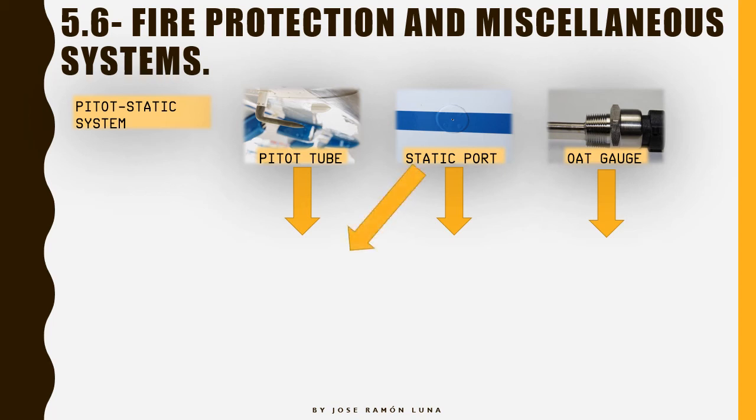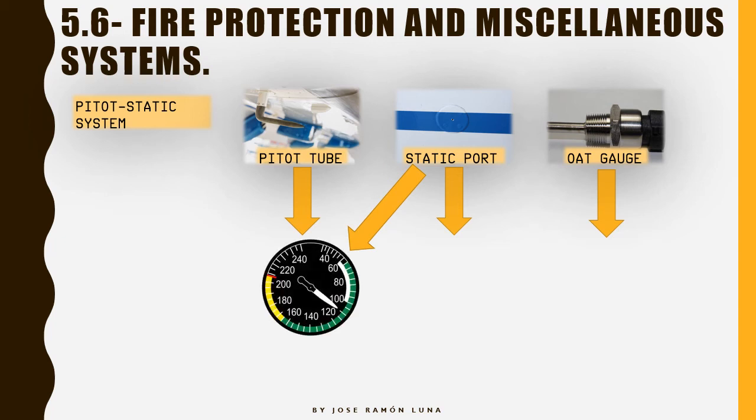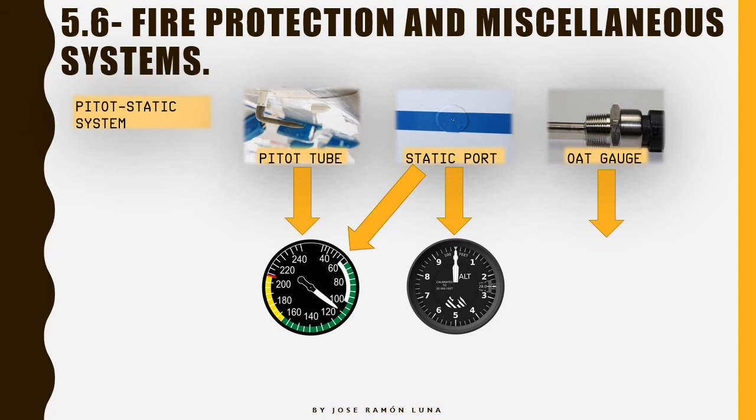Then, what happens if we mix the pitot tube with the static port signals? We're going to get the airspeed indicator. The airspeed indicator is going to be drawing the pressure from the pitot tube and from the static port. Then the static port also gives us the altitude. How?